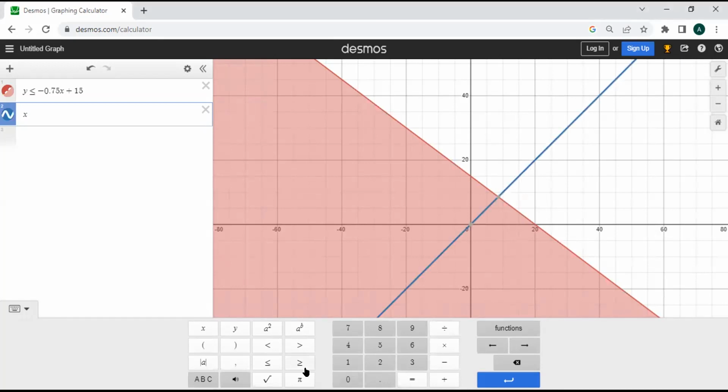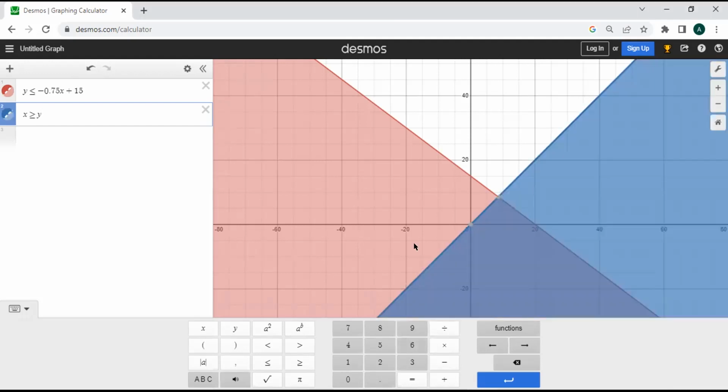X is greater than or equal to Y. And there we have another line that shows us the inequality. So the blue region is X greater than or equal to Y.